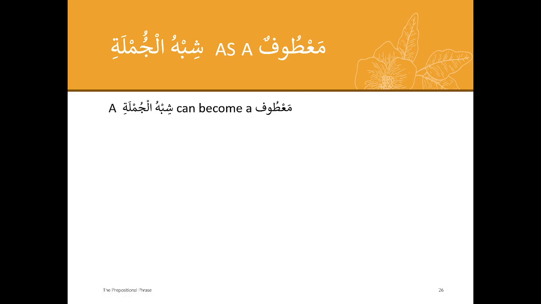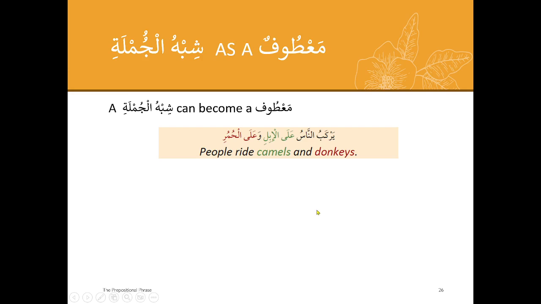Okay. Then ma'tuf, we'll finish off with this. Here we can have yarkabun nasu ala al-ibli wa ala al-khumur. People ride camels and donkeys. So we have ala al-ibli, ala al-khumuri. This is ma'tuf alayh with ma'tuf.